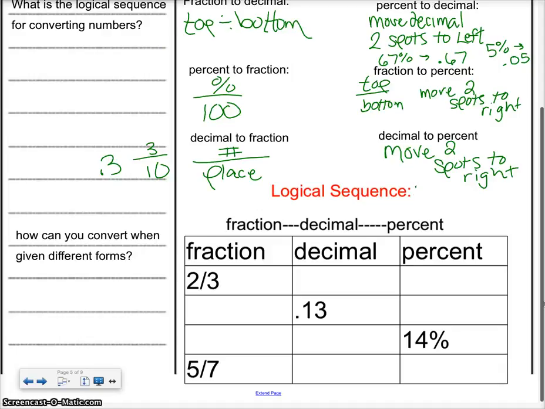Let's say you got 27 out of 30 on a test. I start with a fraction, 27 divided by 30, which turns to 0.9, which turns to 90%. It's always how you start it. Fraction, decimal, percent. Okay? All right.